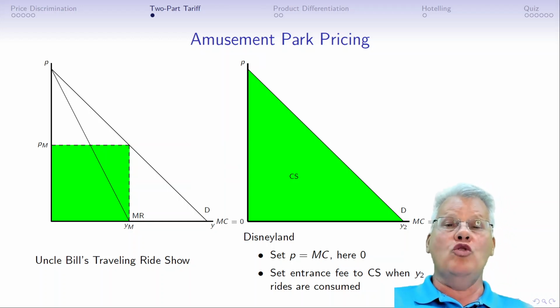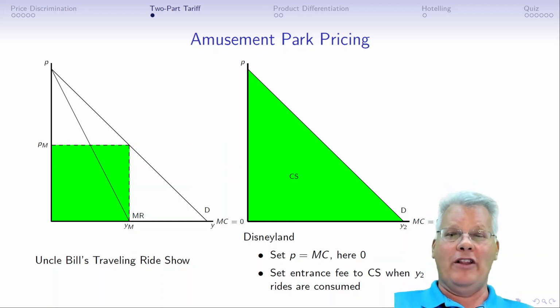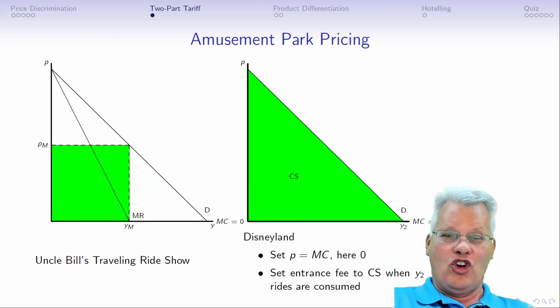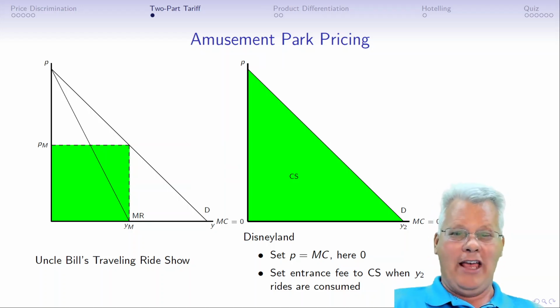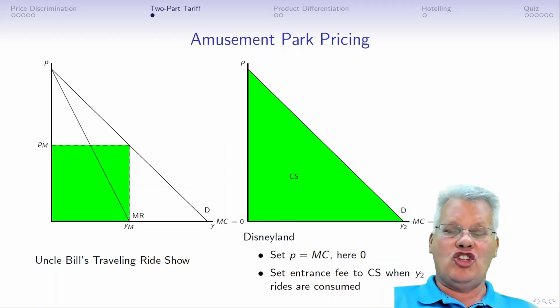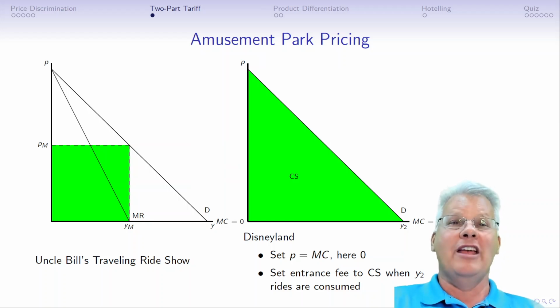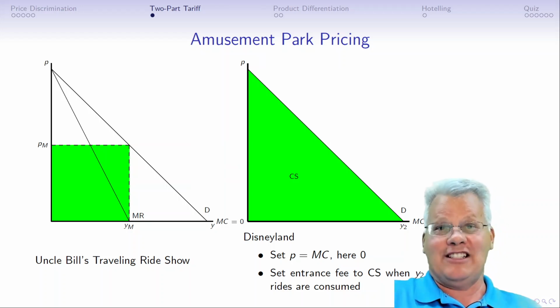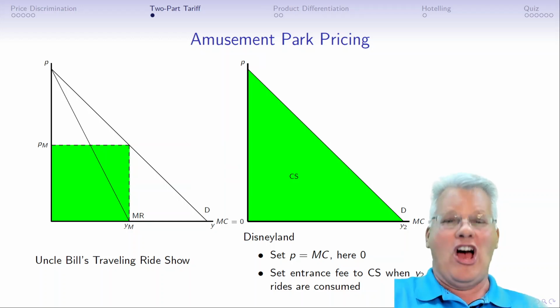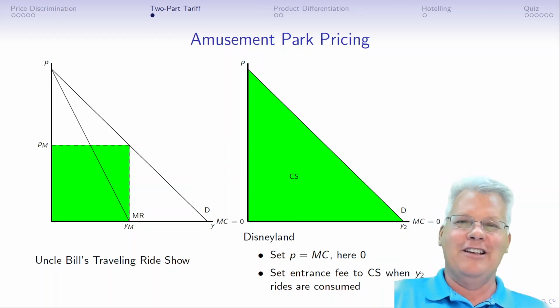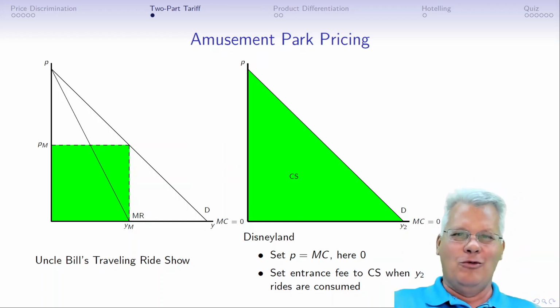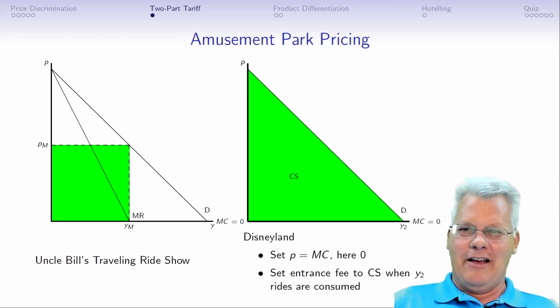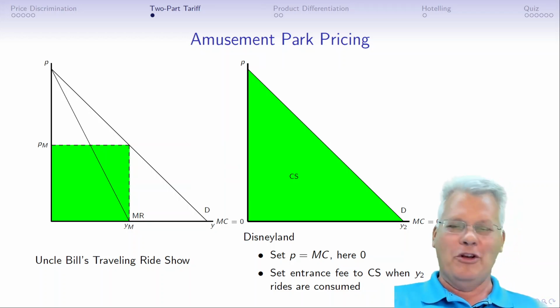So if they do marginal cost pricing, they charge consumers the price of each additional ride, and then they charge consumer surplus for admission to the park, Disney is able to successfully extract the entire amount of consumer surplus from each consumer that enters the park, which I would suggest they have demonstrated a lot of doing.